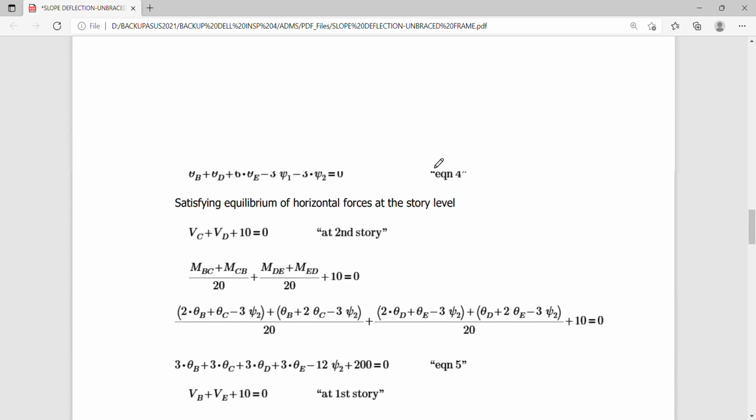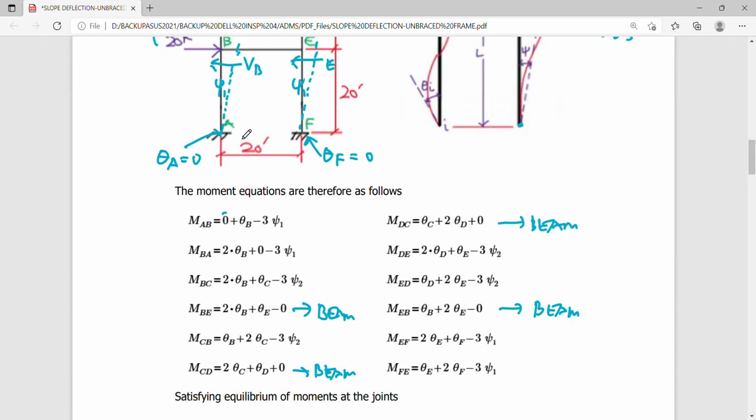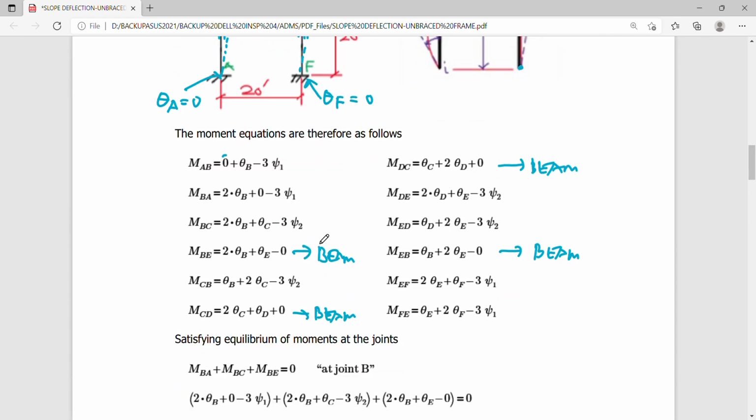Okay, so this is the local. So you just go back to this moment equation. You are now referring here always to the AB, so this must be a theta A, theta B. Okay, theta A, theta B, psi 1. Because this is a column, there is a psi 1 here. So the beams have no psi, so 0 automatically.